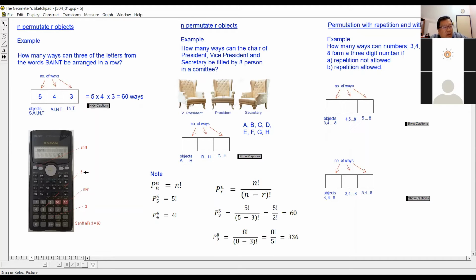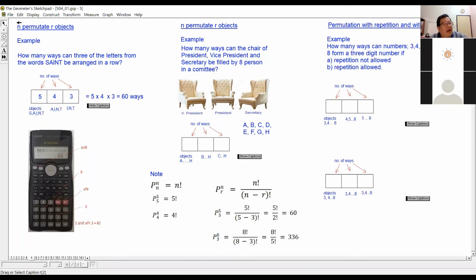You type 5, then you type the nPr button, then you type 3 and see whether you can get 60 or not. You please check with your calculator, make sure you know how to use it. Is it 60? Yes, it's 60, teacher. 60, yeah? Okay, right.